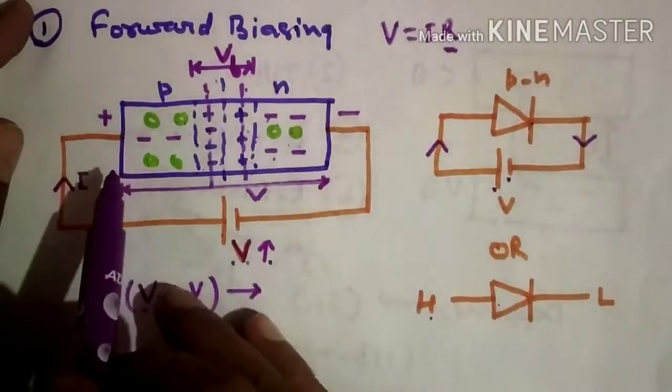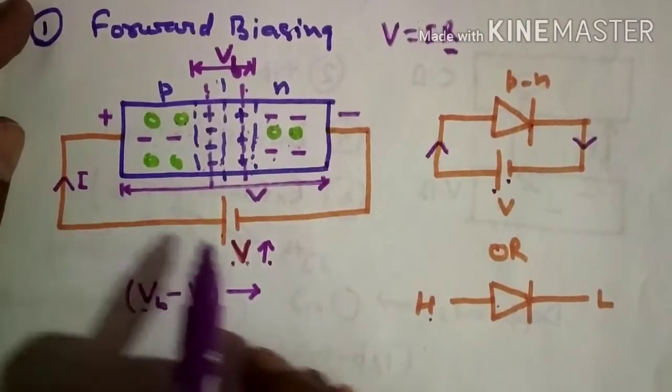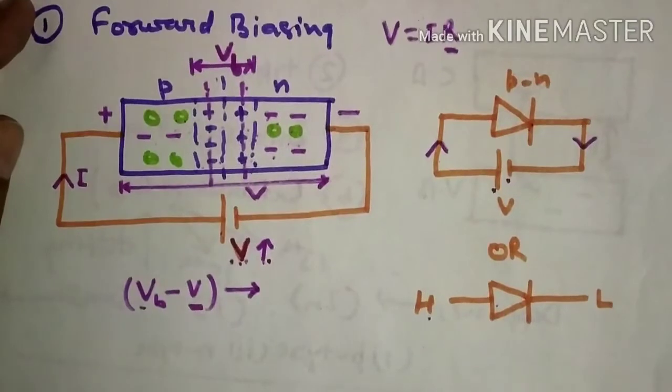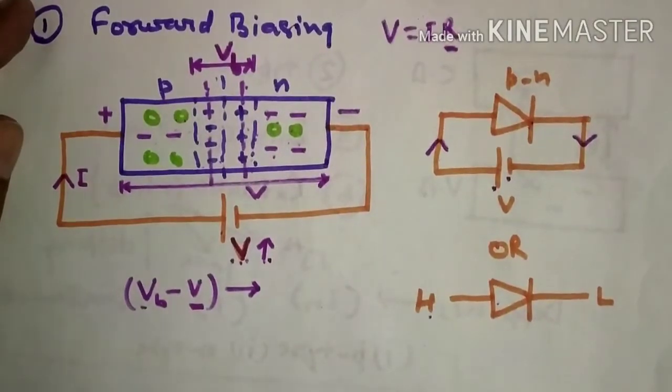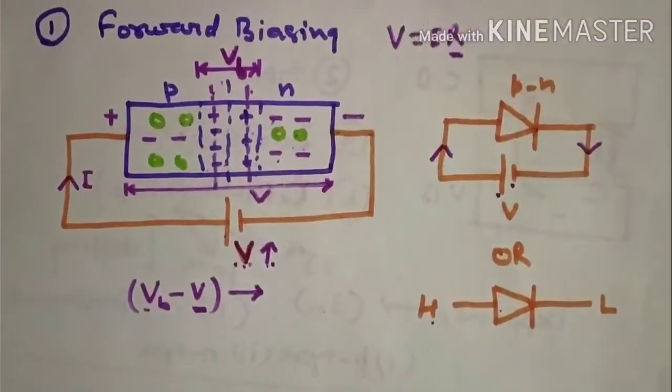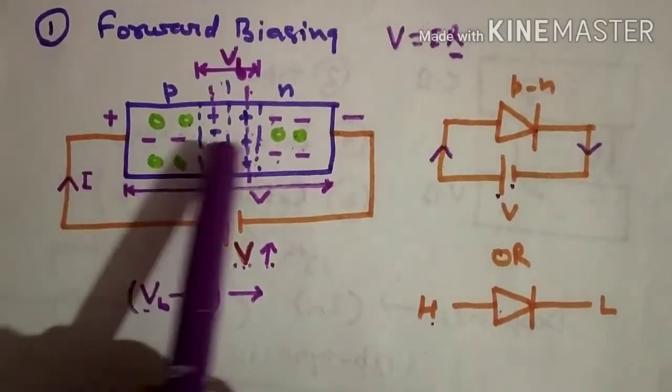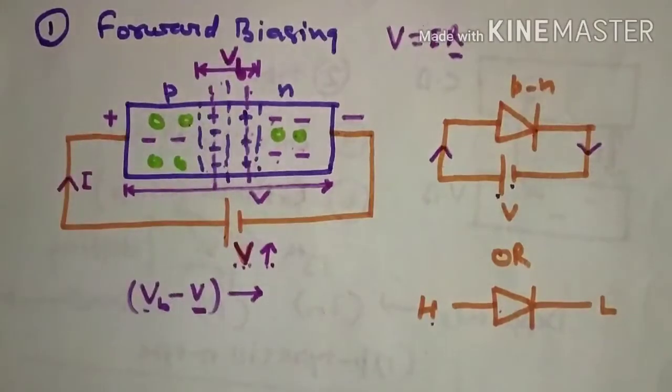So if I say how this current varies with changing the voltage, that means I am talking about the characteristic of the diode. There is another way to understand how the current passes through the diode in forward biasing.